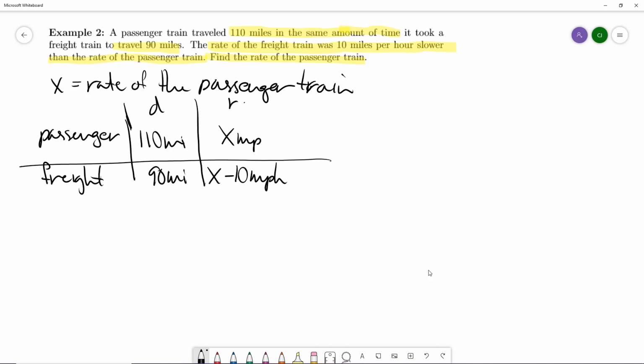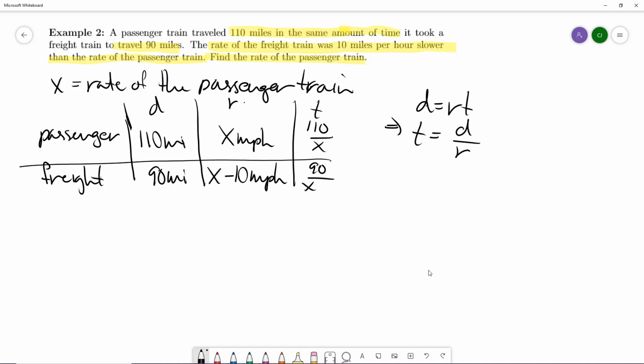I'll just put MPH here. So what is the time? Recall distance equals rate times time. To solve for t, divide by r on both sides. So it's distance over the rate. So the time for the passenger train is 110 over x, and for the freight train it is 90 over x minus 10, because it's d over r.